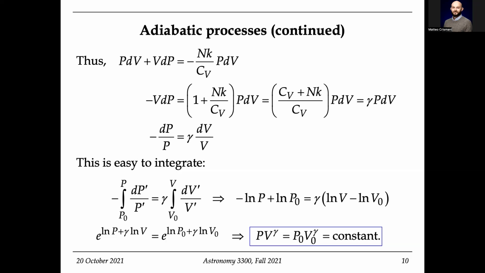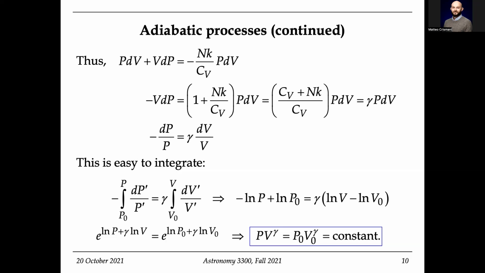Okay. And so we ended up with something that looks like this. Minus dP over P is equal to gamma dV over V. And generally speaking, if you ever have something of this form, you already know the solution.